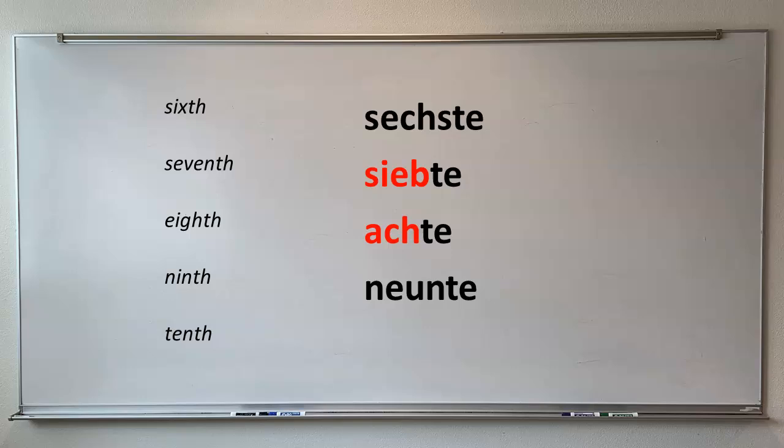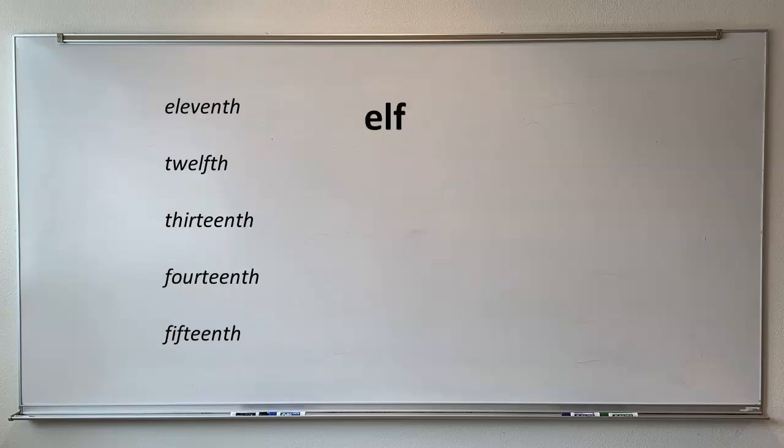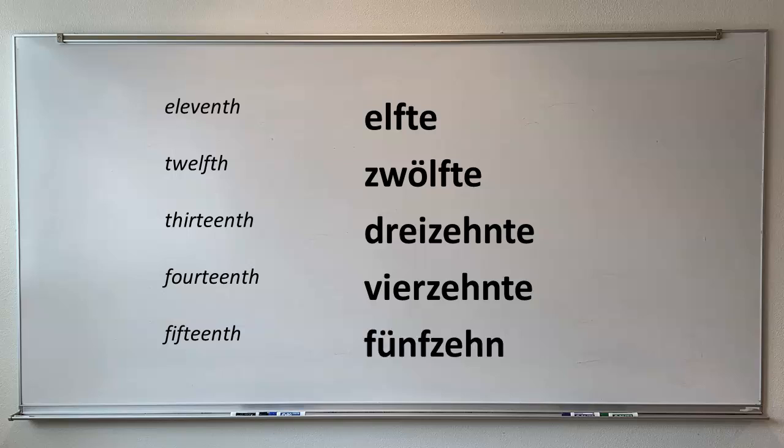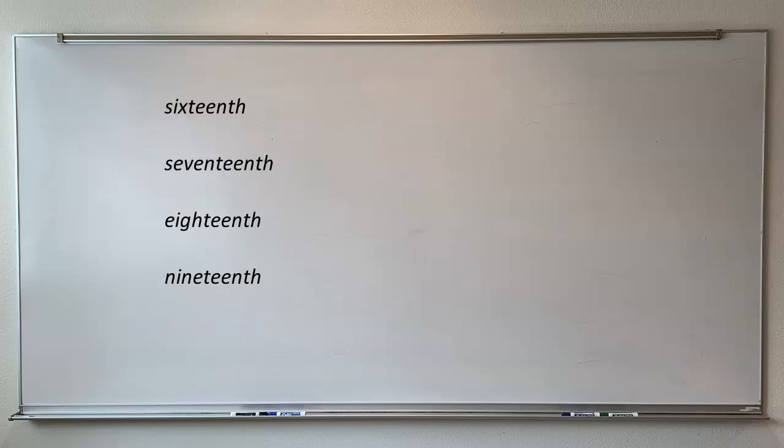For the 10th, start with the number 10, zehn, and then add the TE, and you get zehnte. 11th, start with the number 11, elf, and then add the TE, elfte. 12th, zwölf, add the TE, zwölfte. 13th, start with 13, and then add the TE, dreizehnte. 14th, start with 14, vierzehn, and then add the TE, vierzehnte. 15th, start with 15, and then add the TE, fünfzehnte.